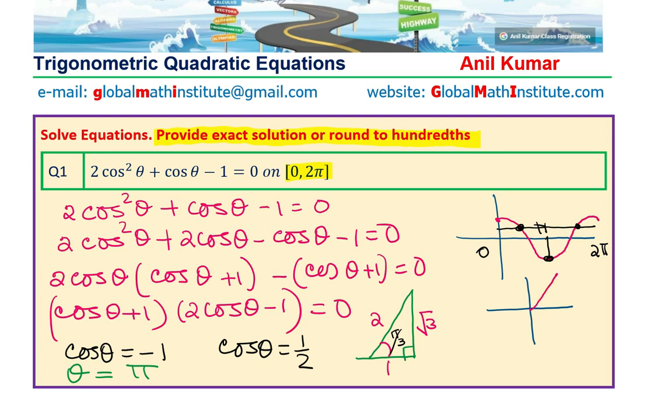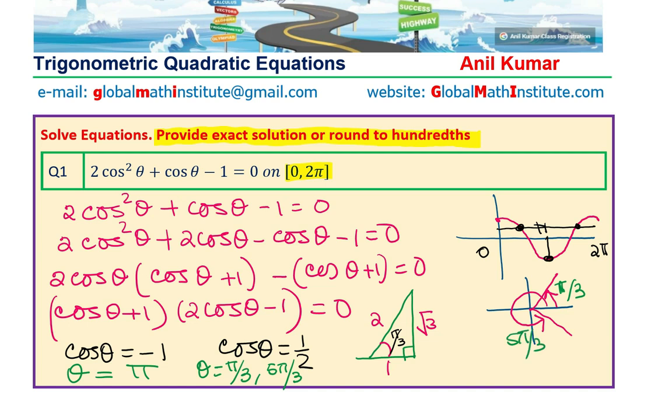So one is pi by 3 and the other one is 5 pi by 3. So we write theta equals pi by 3 and 5 pi by 3.